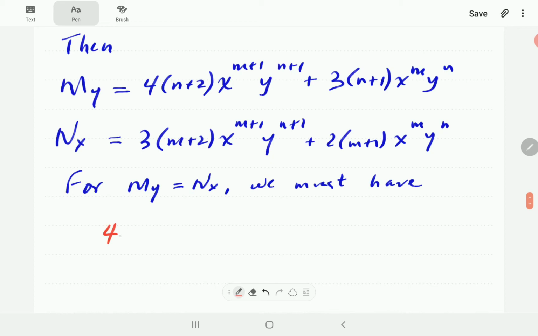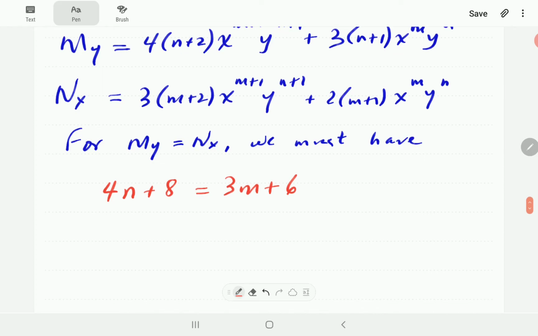So we need 4(n+2) to be equal to 3(m+2), and we need 3(n+1) to be equal to 2(m+1).